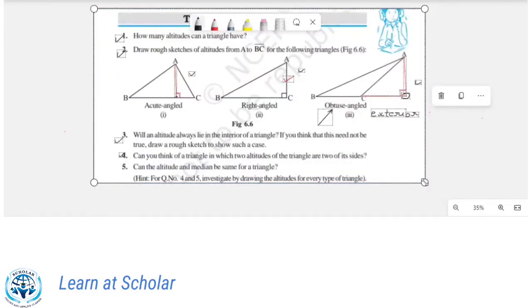Now the fourth one, can you think of a triangle in which two altitudes of a triangle are two of its sides? Let's find out. Let's draw a triangle and find out if two altitudes of a triangle can be two of its sides. As you can see, I have drawn a right angle triangle. This is one side, this is the second side.